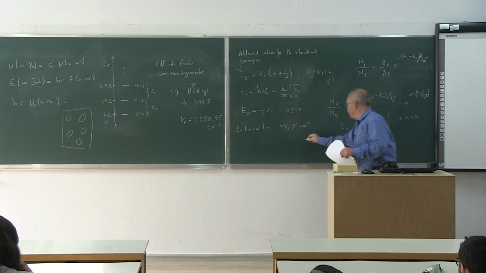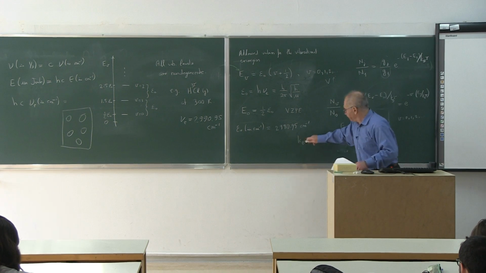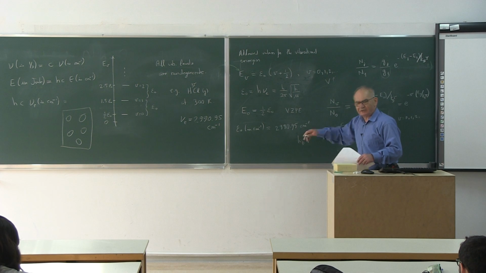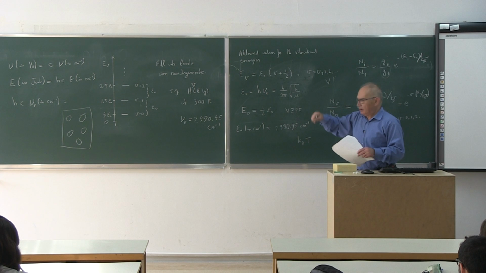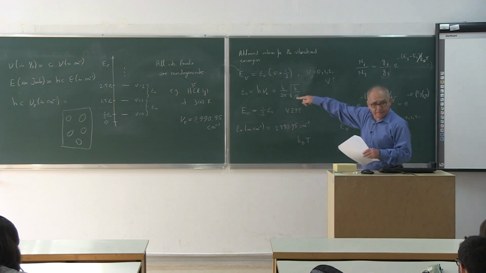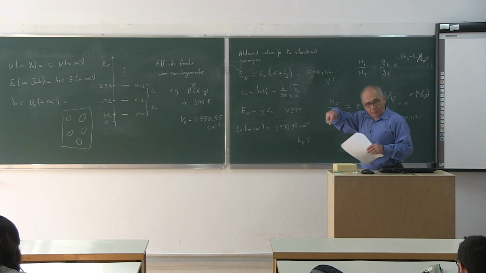So what I do is, use the tabulated value for K, Boltzmann constant. These constants are always given in SI units. Multiply with T. T is 300 Kelvin. The unit will be in joule.